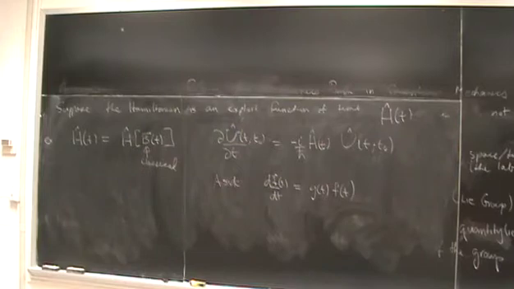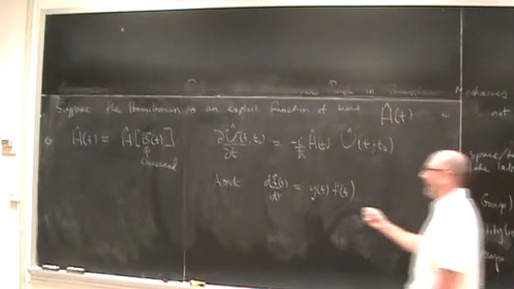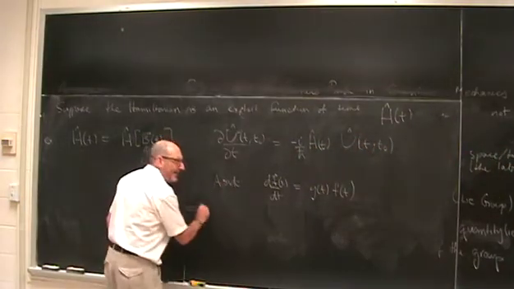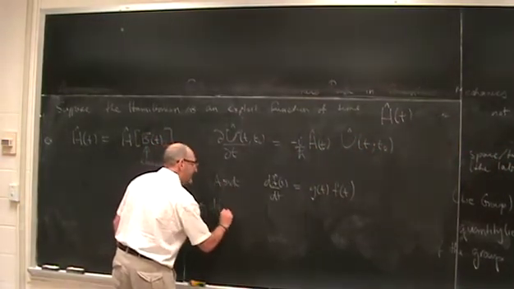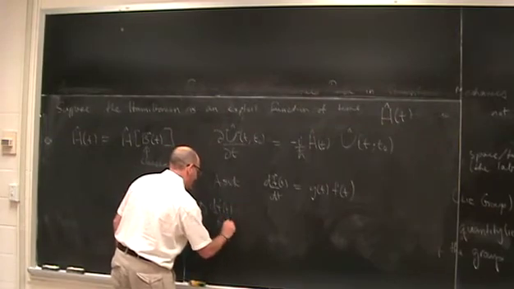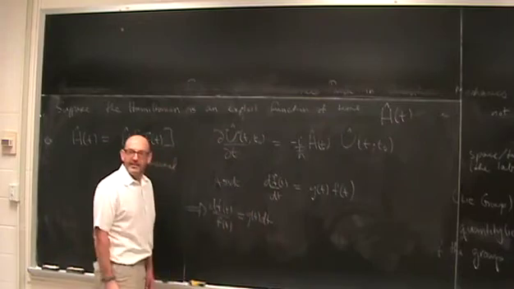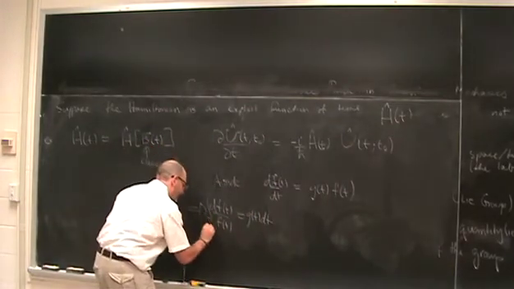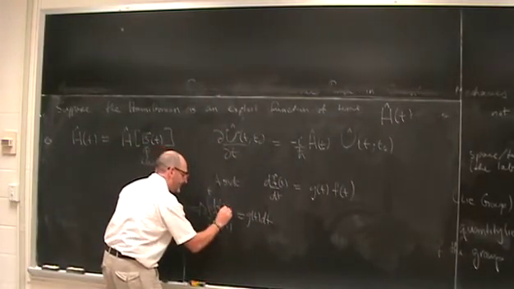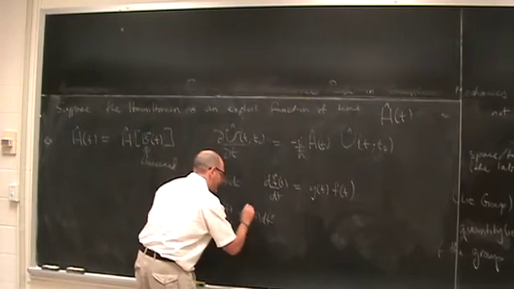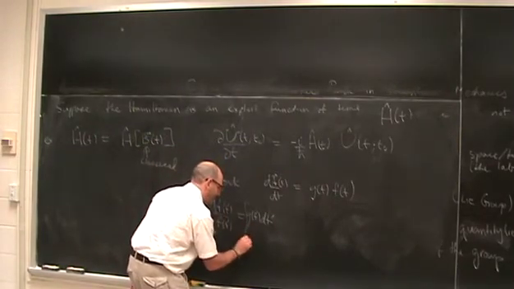How do you solve it? Divide by f of t. Yeah, exactly. So I can say this is df dt over f of t equals g of t dt. I then integrate this from, say, t0 to t, make this a t prime because it's a dummy variable now.